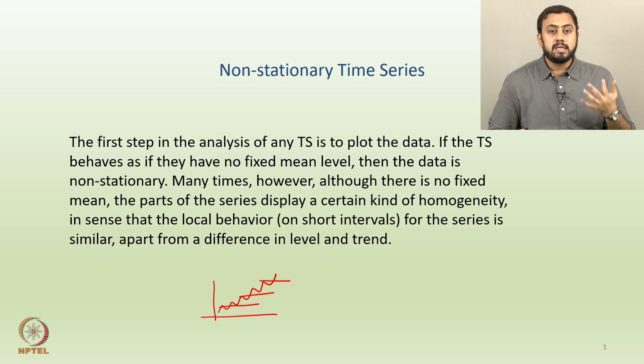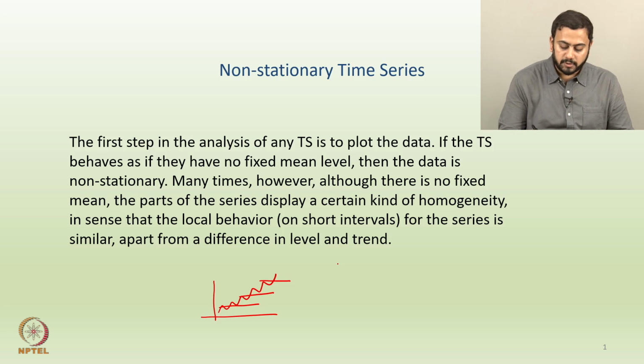But many times, although there is no fixed mean, one can see that local parts of the time series display a certain kind of homogeneity, in the sense that local behavior is observed on shorter intervals. What do I mean by that? Let us say I draw a fresh plot.